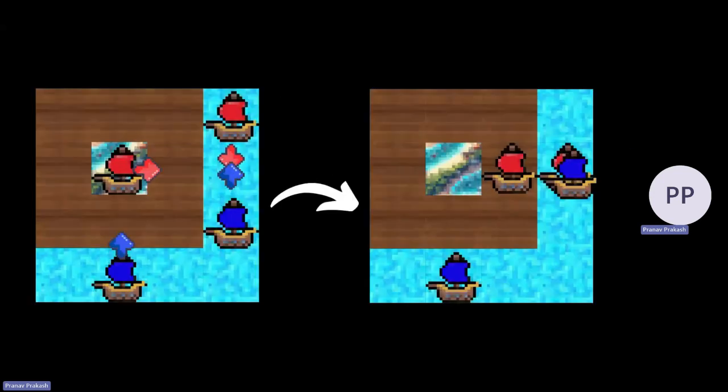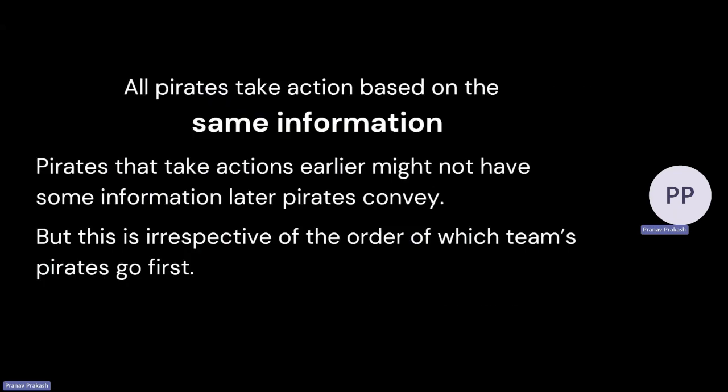This is because first, all pirates decide where they are going to move based on their positions from the last iteration, and only then do they actually move. Because of this, no team has an advantage in information. And therefore, there is no problem of a team going first and therefore having more information than the other team. As such, both teams are equivalent when it comes to having information regarding making moves.